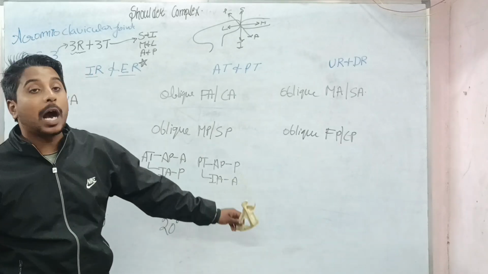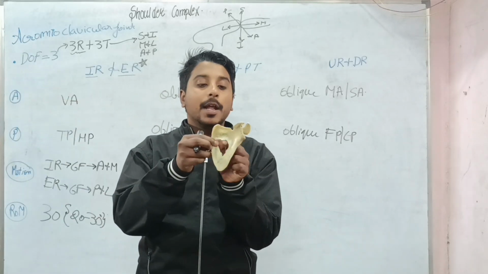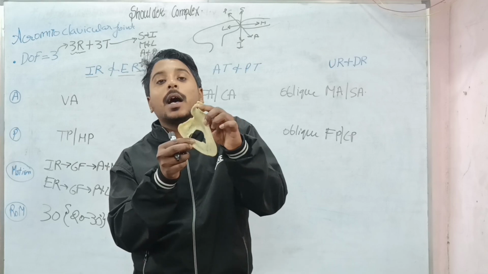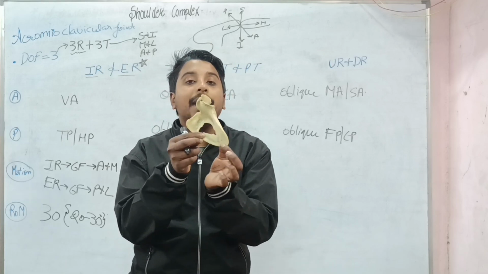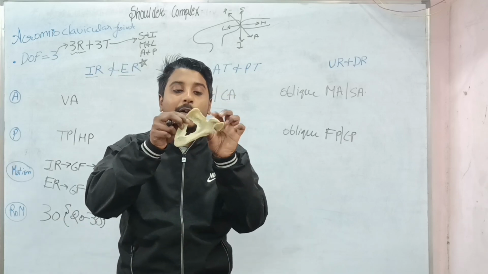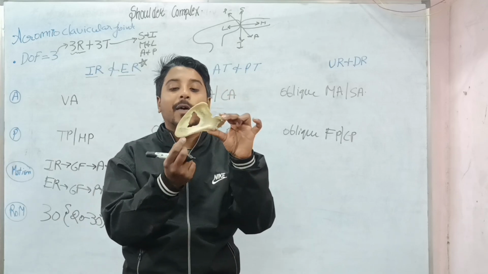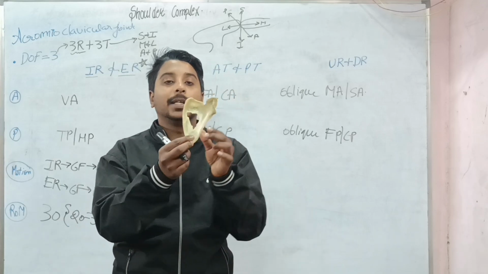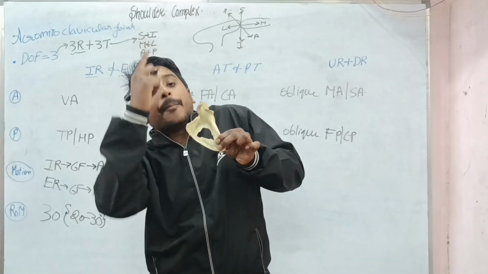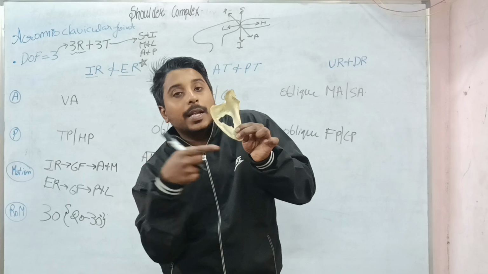Very simple. And how will you describe the motion? During upward rotation, the glenoid fossa moves upward and the inferior angle moves laterally.